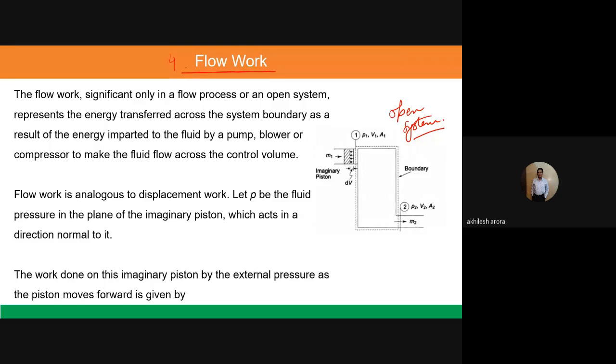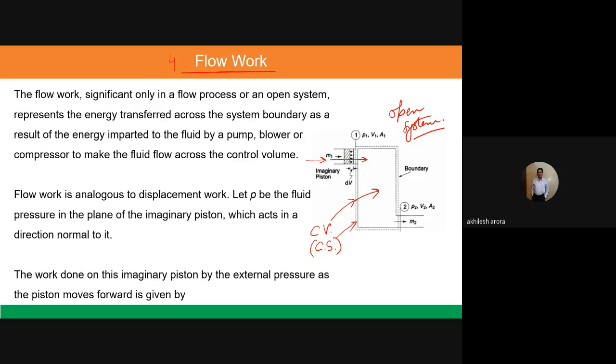In case of an open system, naturally there is some fluid which may be moving into the control volume. In case of an open system, we define a term which is control volume, and the surface of this control volume is known as the control surface. The volume is inside, and this is the surface. So this is the control surface and control volume concept.